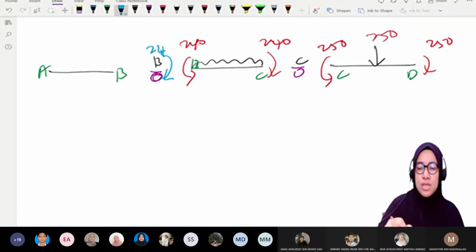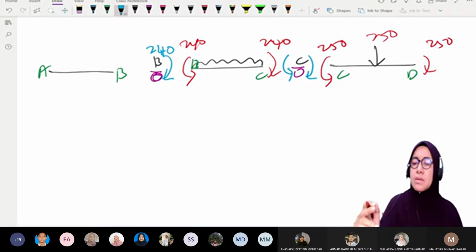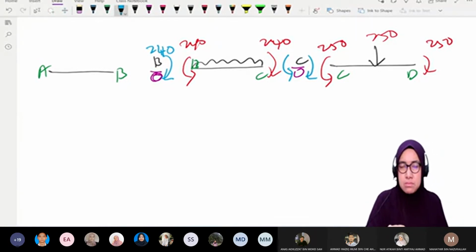At C, it is opposite to the 240 for the member. It has to be opposite, like this.